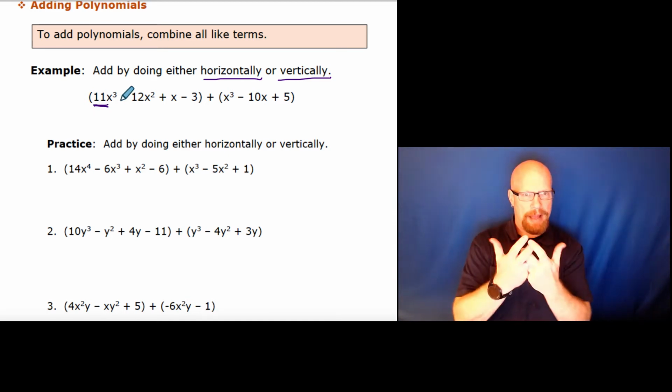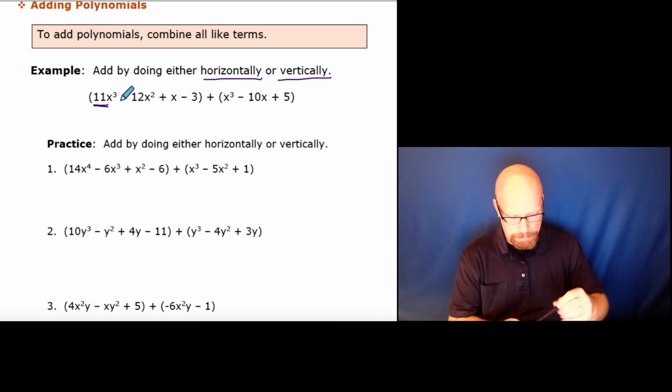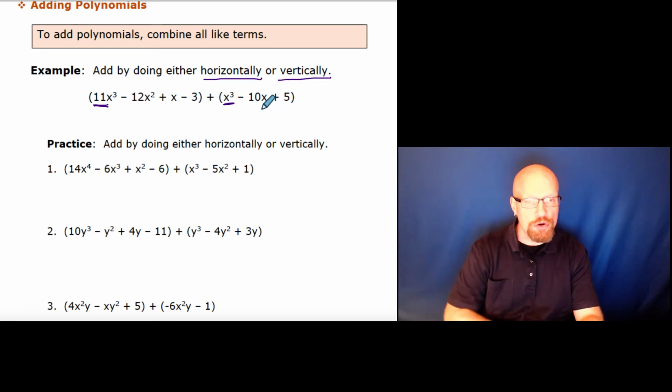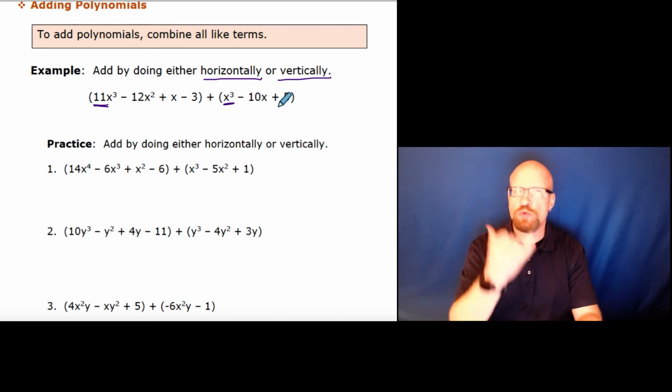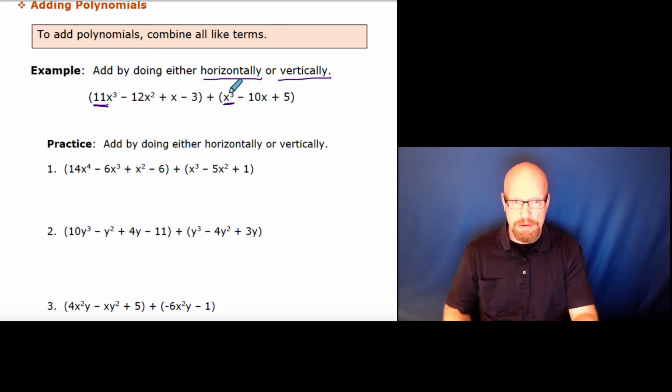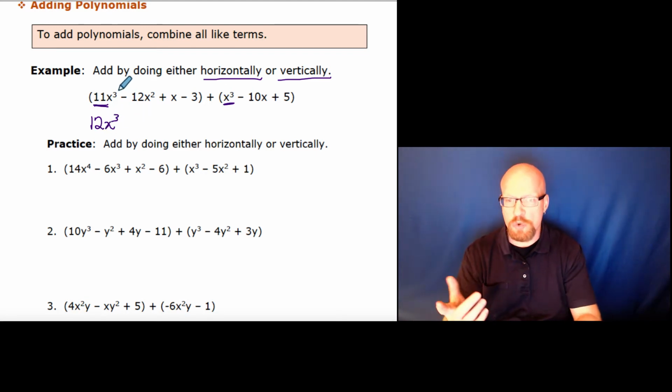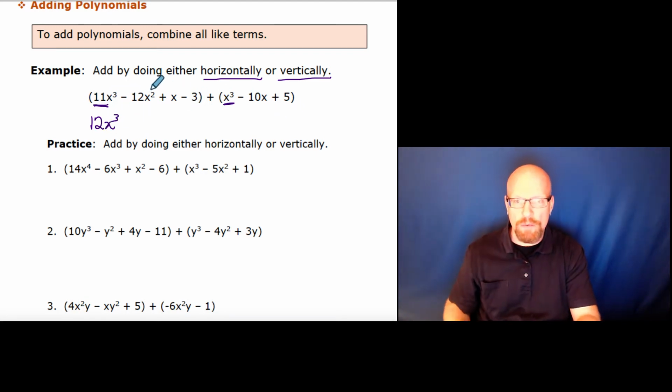I need a matching term in the other one. Are there other ones here? Nope, but this one matches. Now we're going to combine these two terms. Okay, that's done.